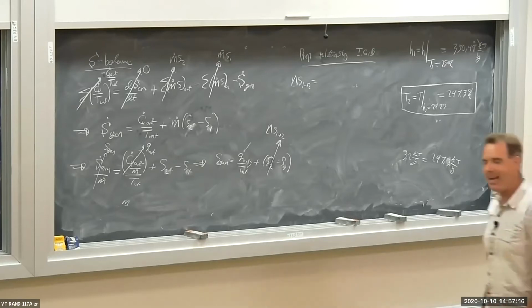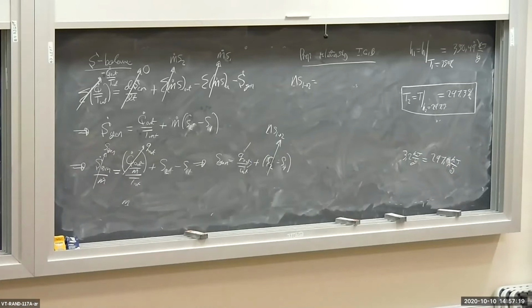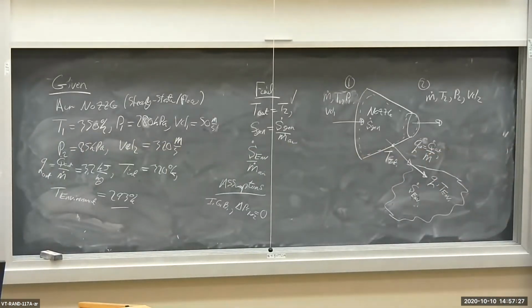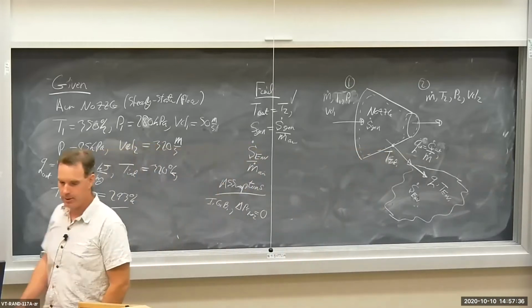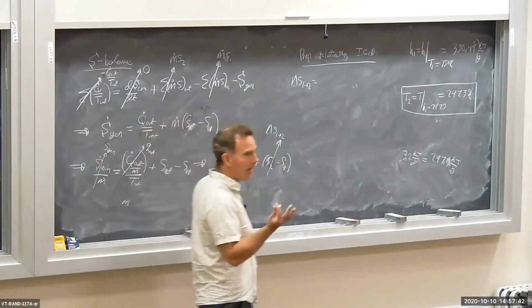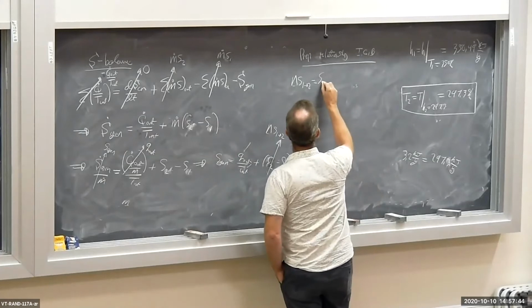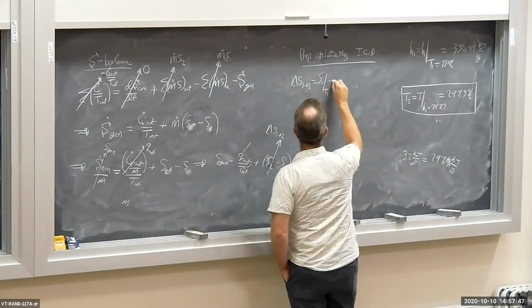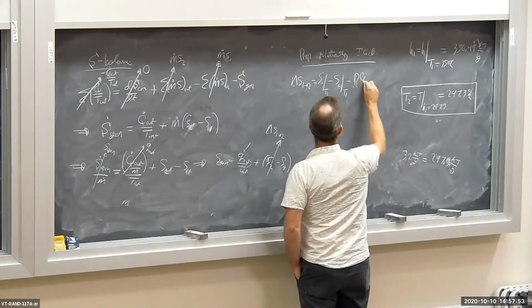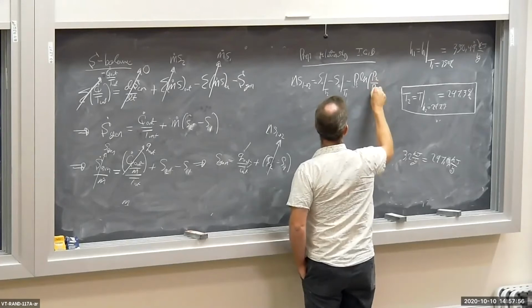This problem doesn't say anything anywhere about constant specific heats. That means I need to get the actual entropy generation, not the approximate entropy generation. So I need to use the S0 values, variable specific heat. Let me write down the property relationship: S0 evaluated at T2 minus S0 evaluated at T1 minus R ln P2 over P1.